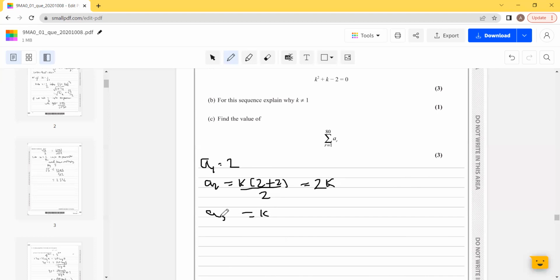Okay, so let me write this out. a3 is k times (2k plus 2) over 2k, which is just equal to k plus 1.